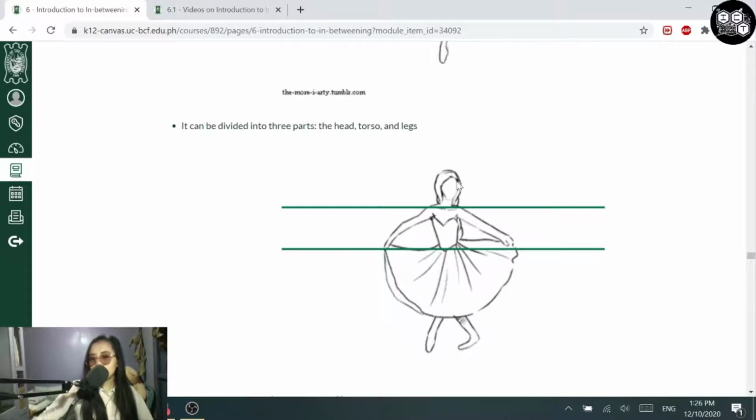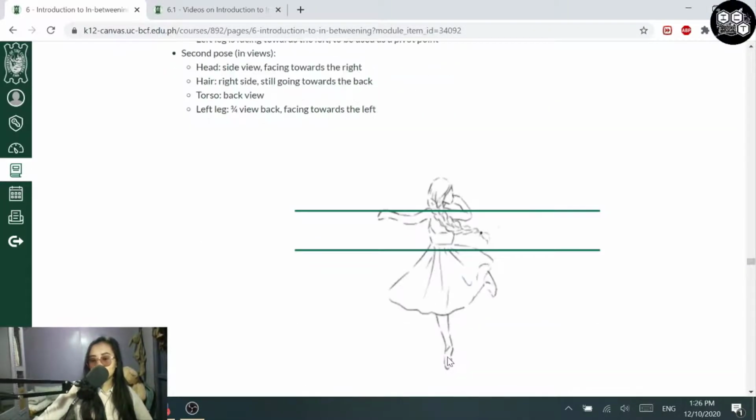But you can see that the head is facing towards the left, the torso is facing towards the right, and the legs are facing front, with one of them facing towards the left. As you move on, you can see there is a difference. For example, the head tends to start off first.